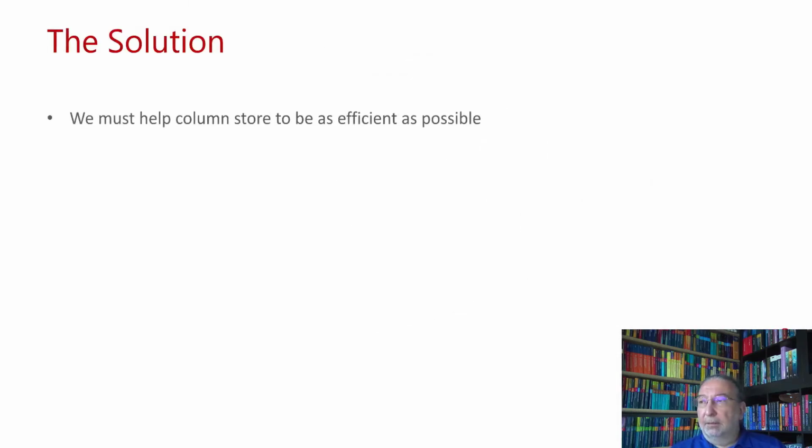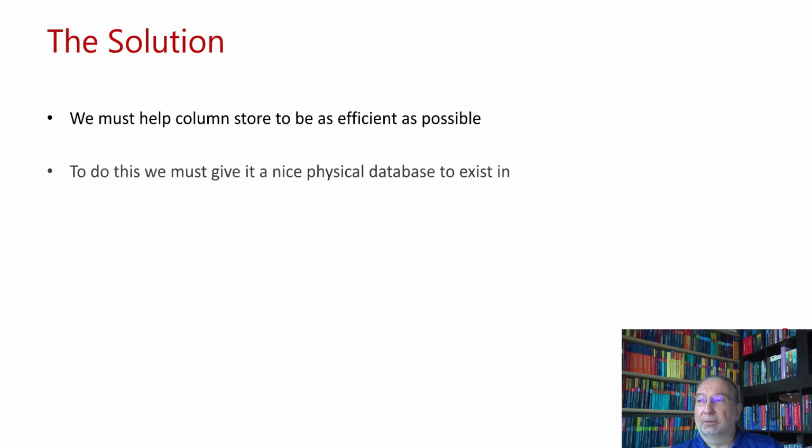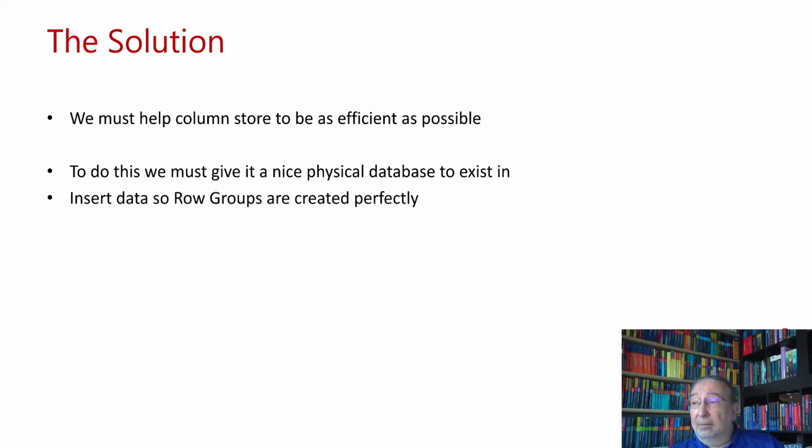So the solution: we must help column store to be as efficient as possible. That's the whole goal. Help it. If you have choices, make the choice that is better for column store to work at. So to start with, we need to give it a nice physical database to exist in.